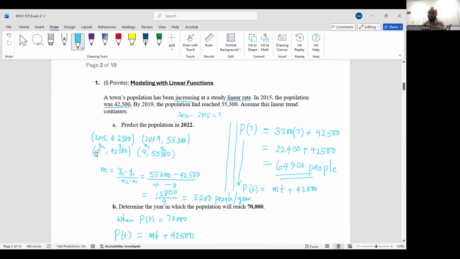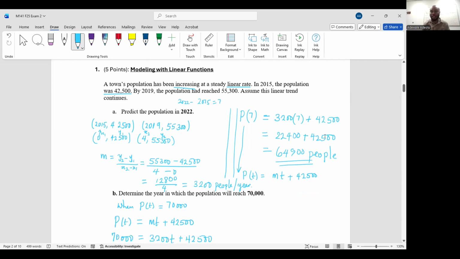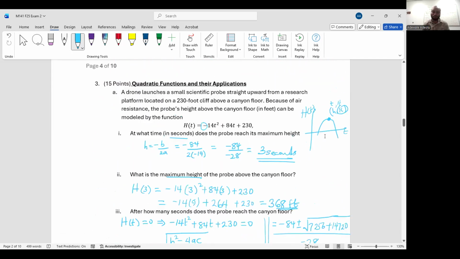I consider this starting point as 0, so I just use this as my B. I hope that makes sense. You can still do this part the way we just did now. Just pick one of these two points to find your B. Then in the end, you will get 42,500.